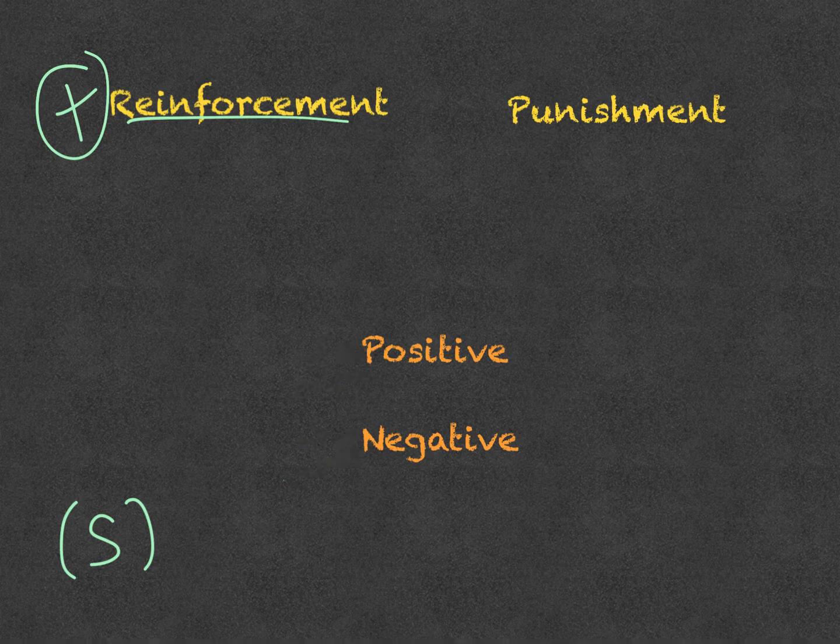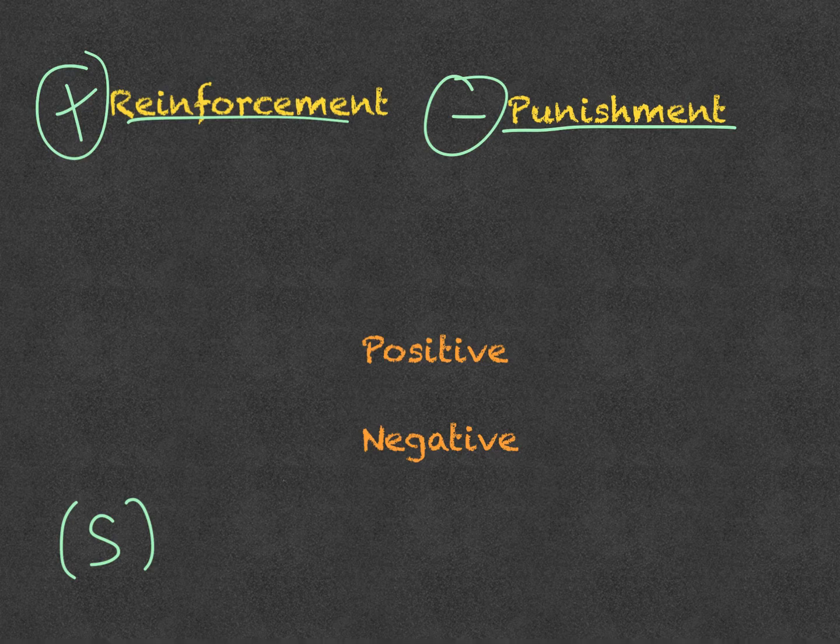Okay, and then next up is punishment. We all know what punishment is, and we've all probably at least been able to experience it. In contrast to reinforcement, punishment is a process wherein a stimulus is presented after the display of the behaviour to cause a decline. This is where we say we don't want that behaviour, we want less of that behaviour. But this must happen after the behaviour has occurred.